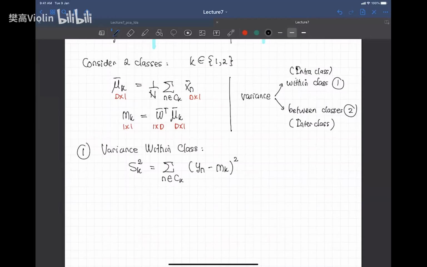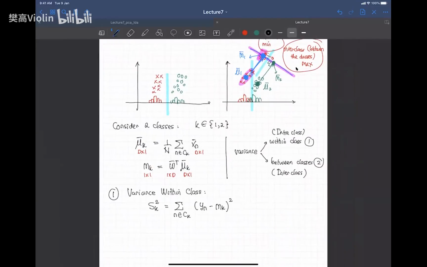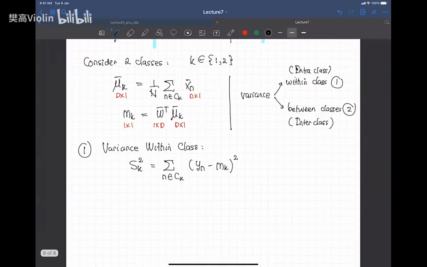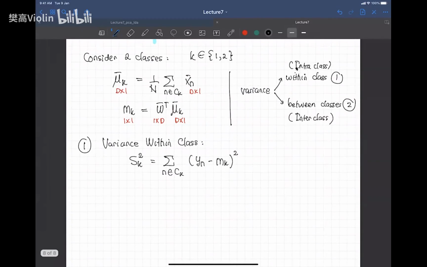So what is yn? This picture is a bit not really obvious, so I draw it again here. Okay, red points and green points, and then you have the blue line.